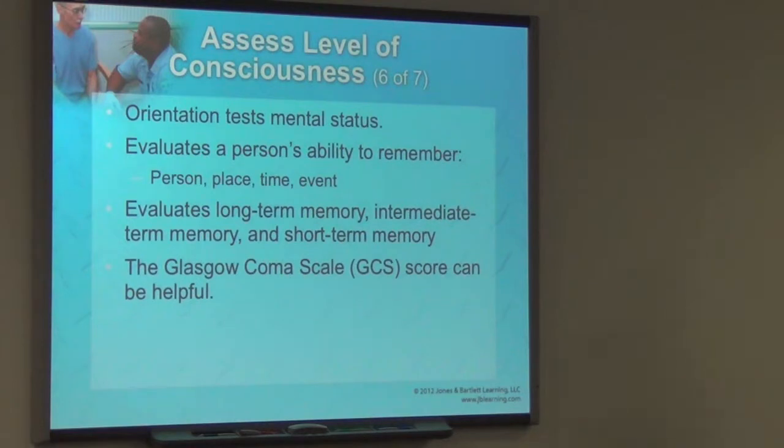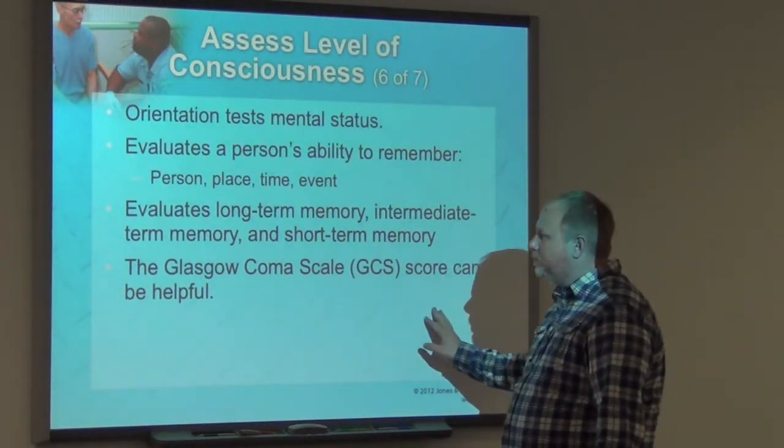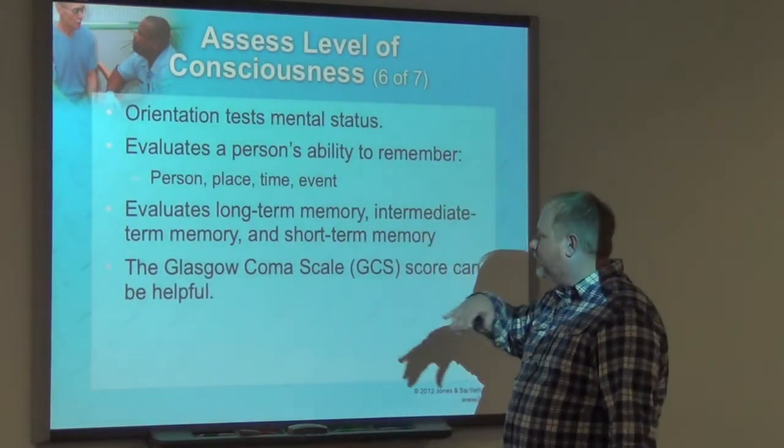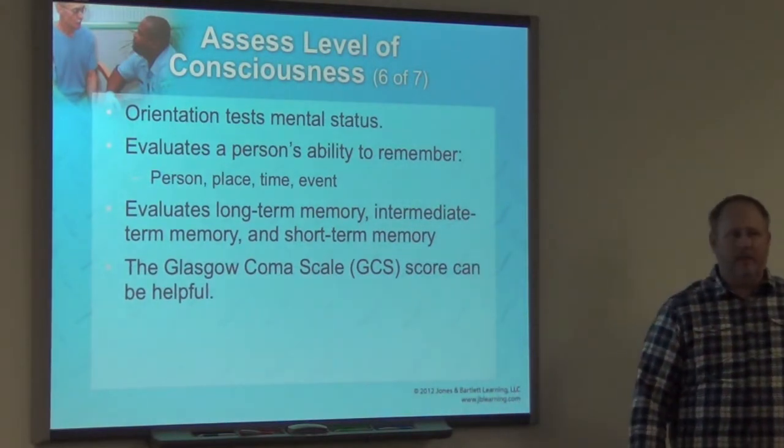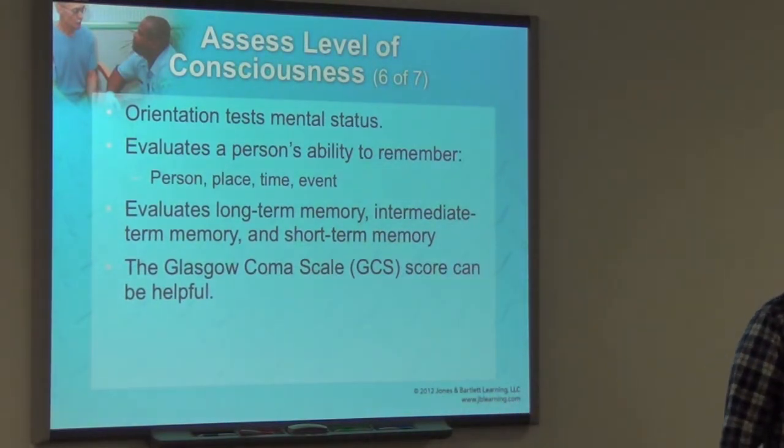And then we're going to go over this thing, and it's in your book, called the Glasgow Coma Scale, GCS. It can be very helpful. And it evaluates, based on an assumption, certain levels of things that can give surgeons predictors of a patient's outcome.